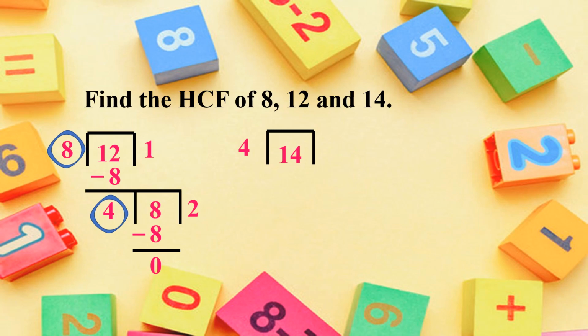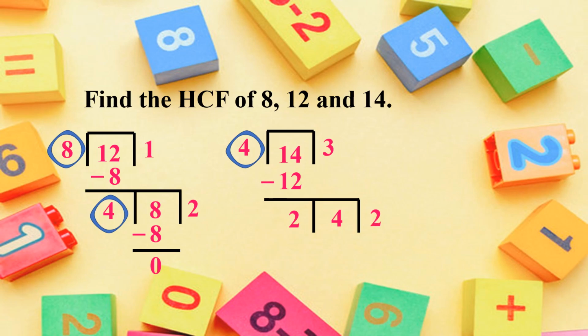So we will take a number which is smaller than 14. We will take 4 times 3, which is 12. Now we will subtract 12 from 14. So 14 minus 12 is 2. Now 2 will become our next divisor and 4 will become our next dividend.